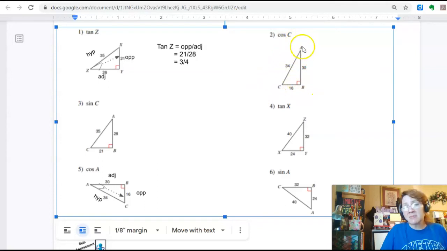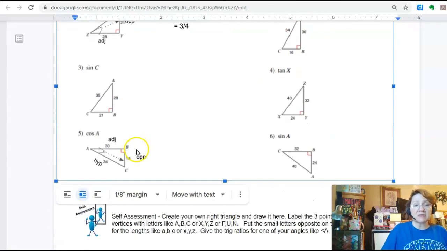The big side is my hypotenuse, which is the 34, and the 16 would be my adjacent. So cosine, if I remember SOHCAHTOA, is adjacent, which is 16, over hypotenuse, which is 34. So you would do 16 over 34, and then you would reduce it.